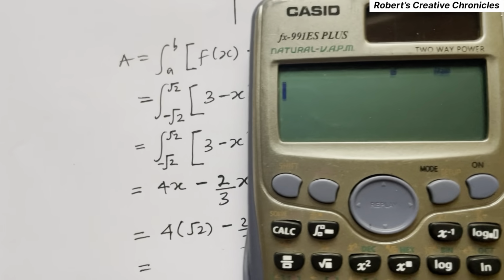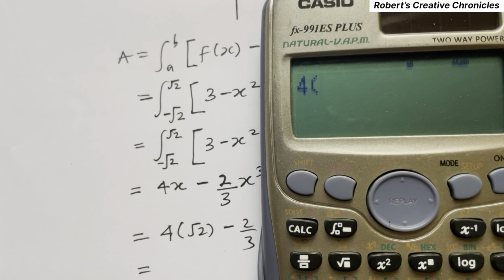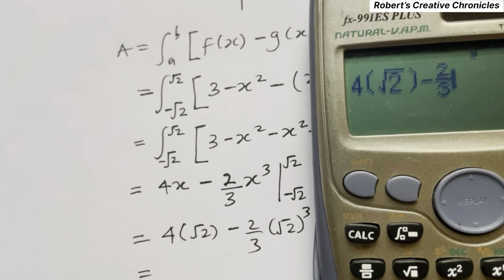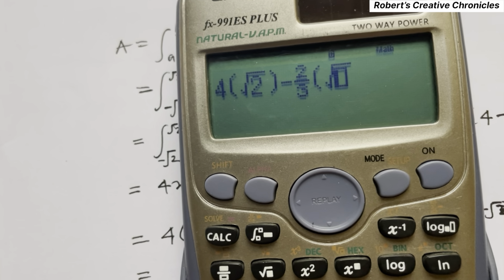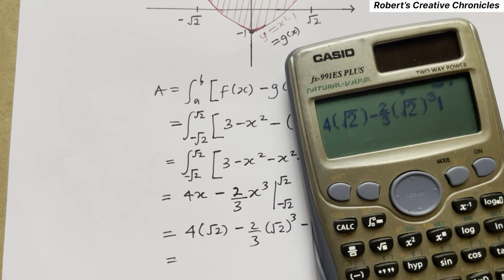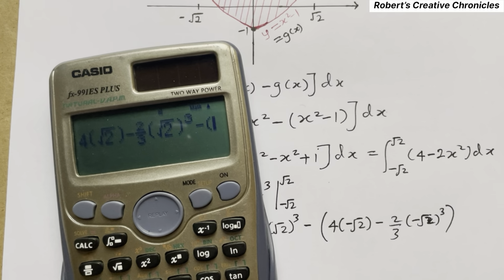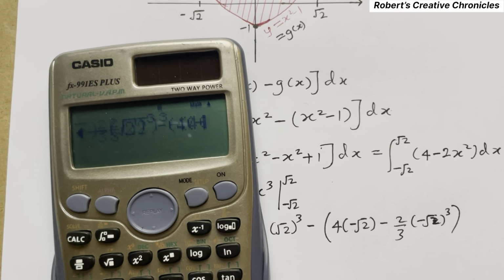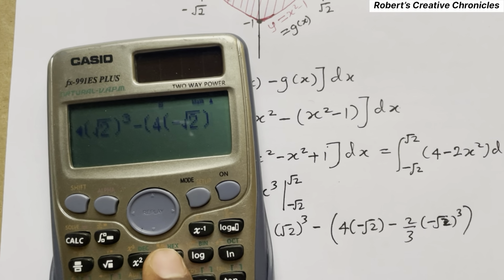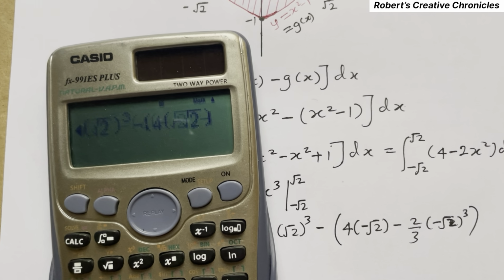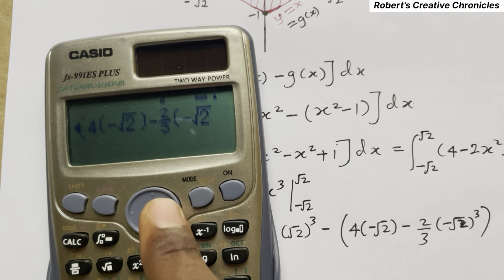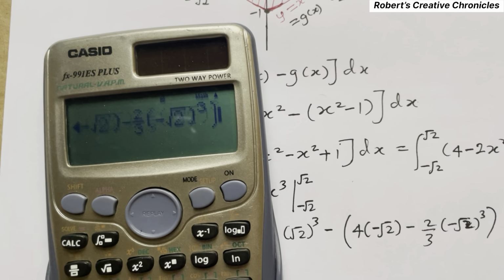So now this becomes what? 4 root 2 minus 2 over 3 root 2 cubed, minus 2 over 3 root 2 cubed, then minus, open bracket, 4 times negative root 2 minus 2 over 3 negative root 2 cubed, then close bracket.